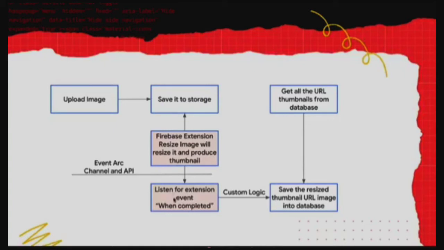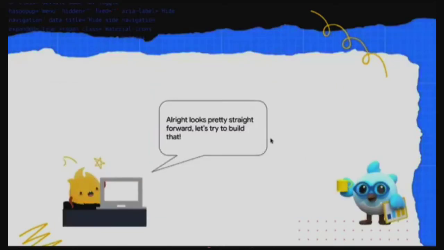The events communicate through something called the Eventarc channel and API. You can add some custom logic based on your business. It can be more flexible, easier, and simpler, as you can just activate it. After that, you can save the resized image URL in the database, and you can get those thumbnails for your gallery web page. All right, that looks pretty straightforward. Let's try to build that.